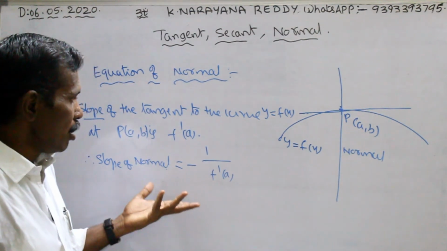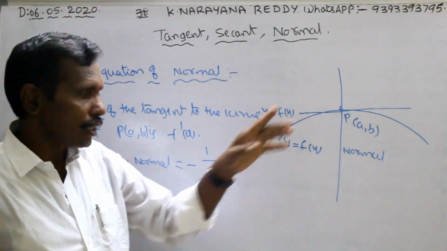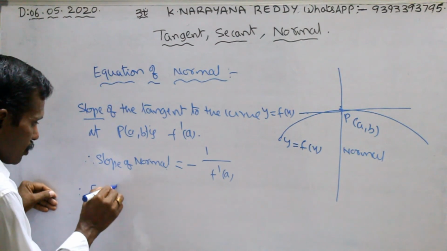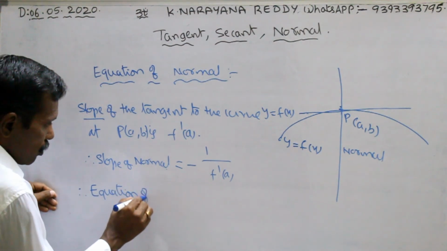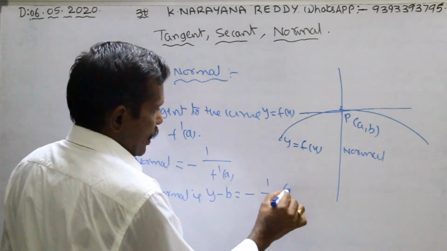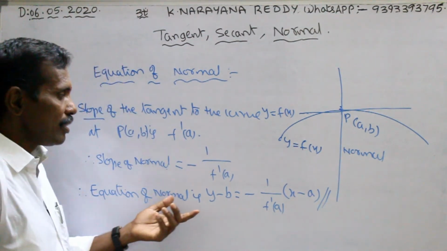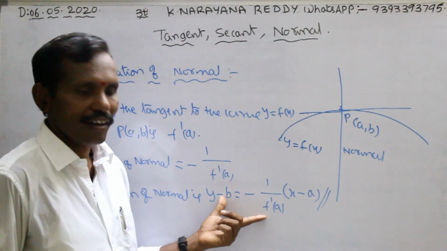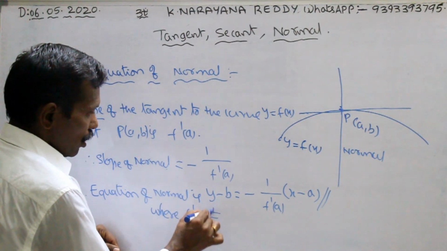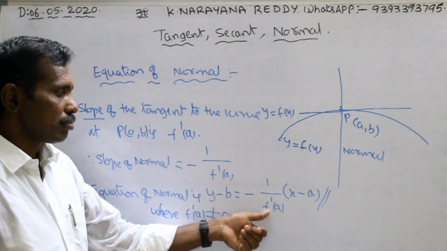Now you know the slope of the normal line and that it passes through point P. Therefore, the equation of normal is y minus b equals minus 1 by f dash a into x minus a. That's all. This is the equation of normal, where f dash a is not equal to 0. This is the condition, where f dash a is not equal to 0.